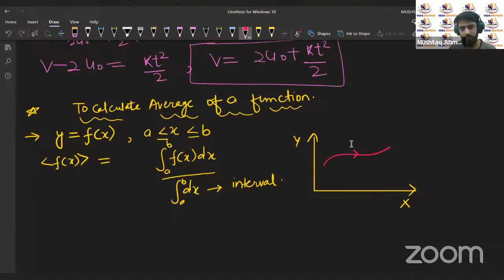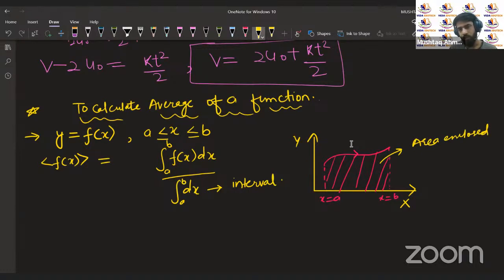This is our function. And suppose this function runs from x equal to a to x equal to b. So this will be the area enclosed by this function.